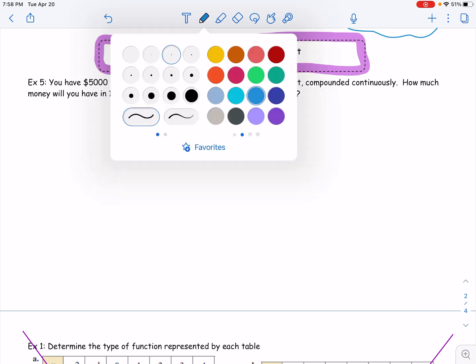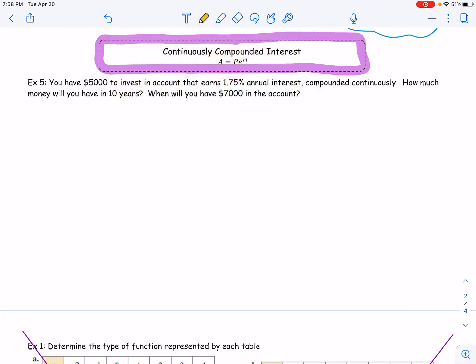You have $5,000 to invest in an account that earns 1.75% annual interest compounded continuously. How much money will you have in 10 years? And when will you have $7,000 in the account? So we have 2 questions to answer. First, write out our model.